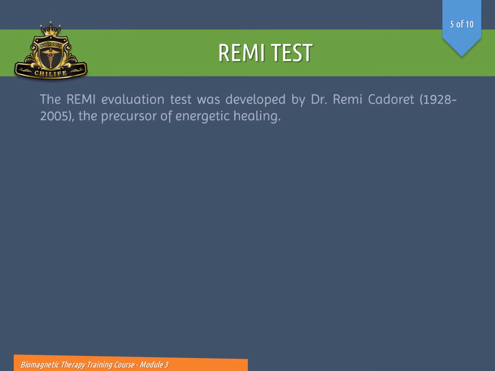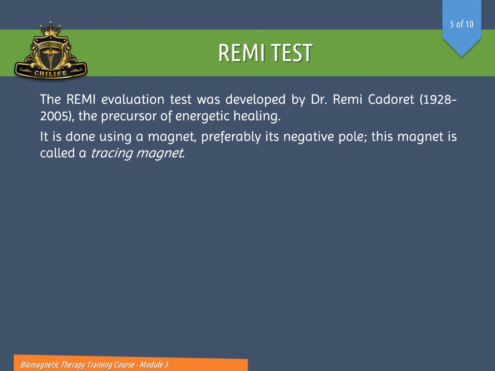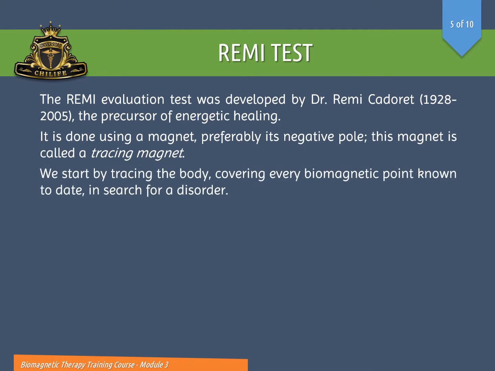When the energetic levels are within normal limits, there won't be a measurable sign of imbalance. REMI test. The REMI evaluation test was developed by Dr. Remy Cadoret, 1928-2005, the precursor of energetic healing. It is done using a magnet, preferably its negative pole. This magnet is called a tracing magnet. We start by tracing the body, covering every biomagnetic point known to date, in search for a disorder.